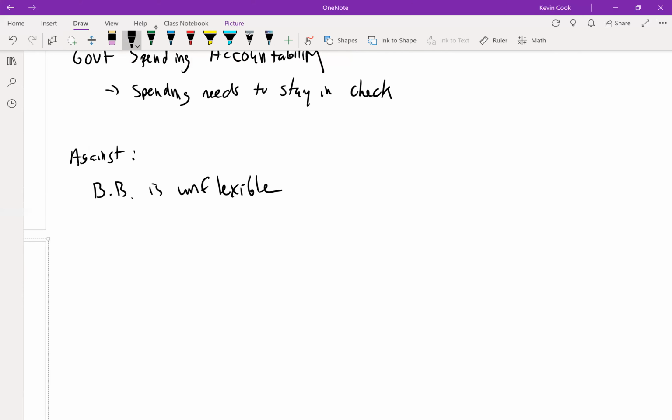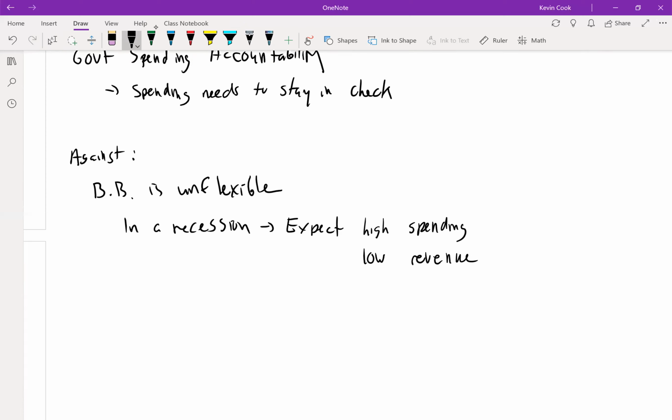Say we start in a recession. If we are in a recession, we're probably going to expect high spending but relatively low revenue.